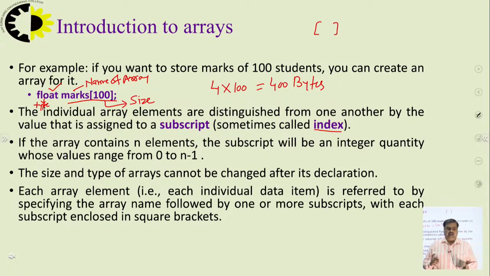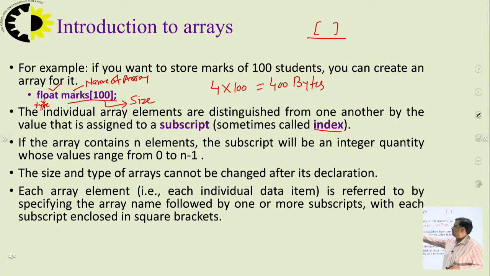Each array element, like one data item, is referred to by specifying the array name followed by one or more subscripts, with each subscript enclosed in square brackets or this subscript operator.